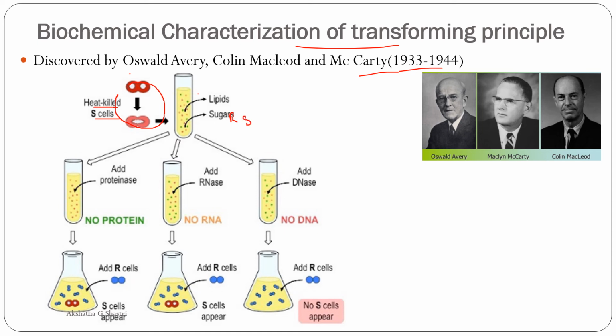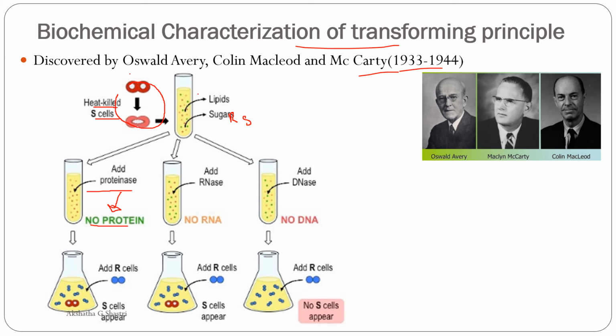Then they took the mixture in three different test tubes. In the first test tube, they added proteinase enzyme. This enzyme was added to digest the protein so that no protein can be seen in this mixture.